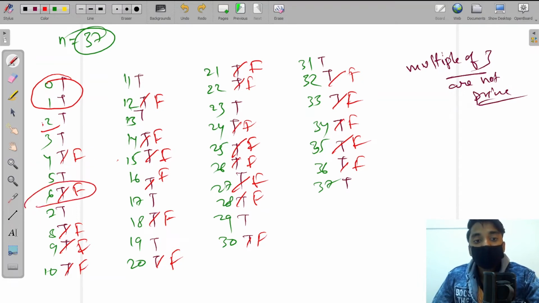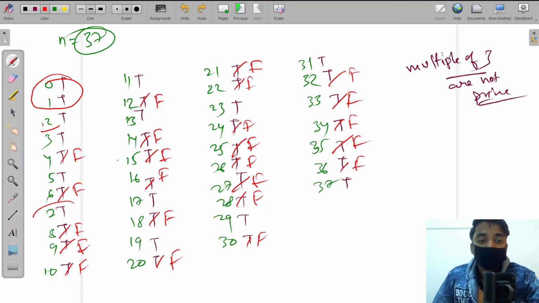So multiples of 6 are already false. Here we can see multiples of 6 are 12, which is already false, 18 false, then 24 false, 30 false, 36 false.